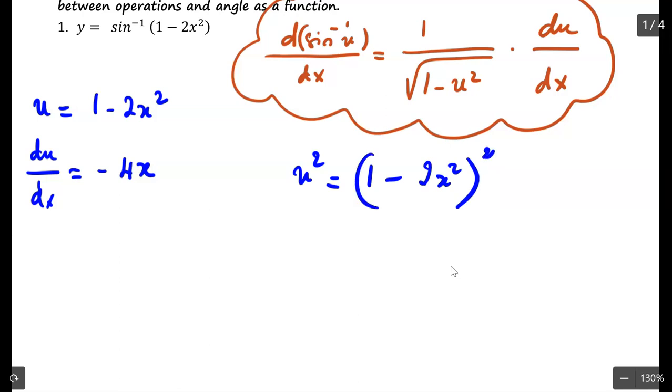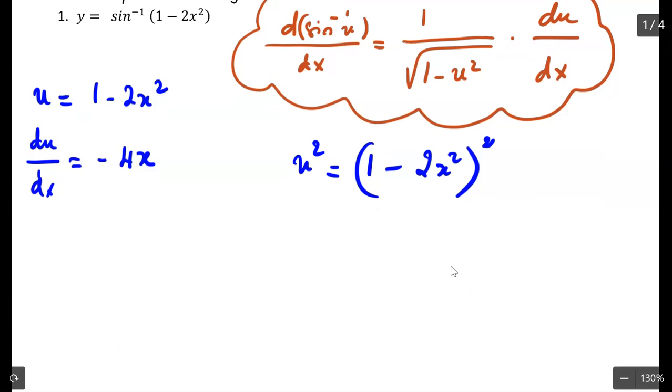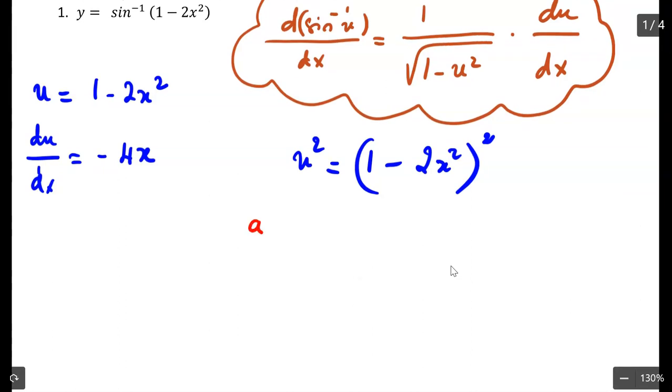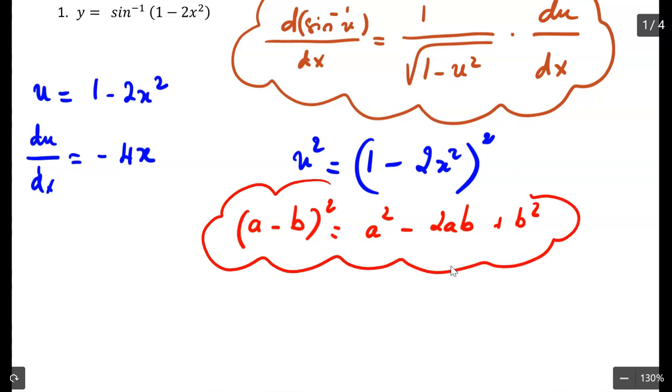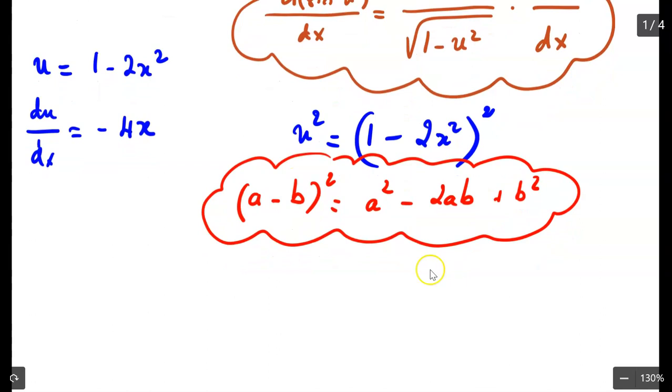To work with this, I would like to remind everyone of another formula. If you have a minus b, all of it squared, the formula is a squared minus 2ab plus b squared. It is another special product formula for a binomial raised to the exponent 2.